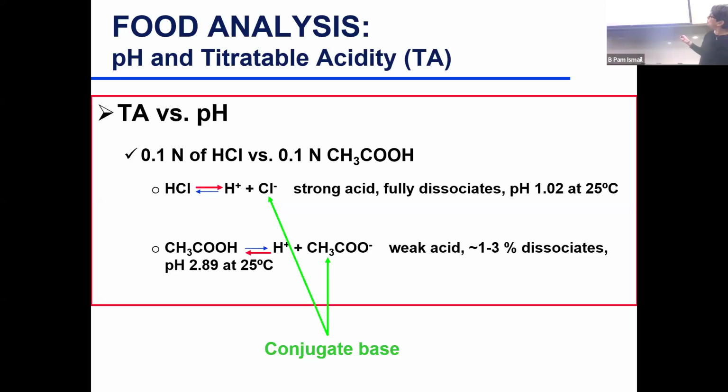It's 1.2 for the fully dissociated HCl, whereas the acetic acid is 2.89. So very different pH and the same concentration, because this one is a weak acid and it does not dissociate readily like HCl would. So that illustrates the difference between pH and titratable acidity for two very different acids.